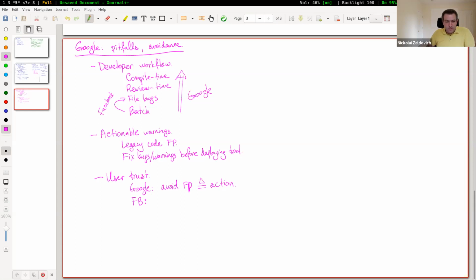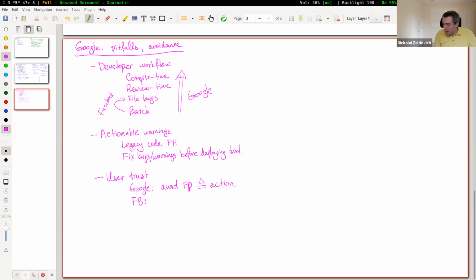But I imagine the story is much more broad and heavily overlapping. There's one paragraph in the Facebook paper where they say, actually, we also deploy a bunch of linters and all this other stuff that Google is doing. And I think Google also has more narrowly focused teams that do more in-depth analysis, closer to what the Facebook paper is talking about. So it's not so much that they differ, but the papers at least differ.